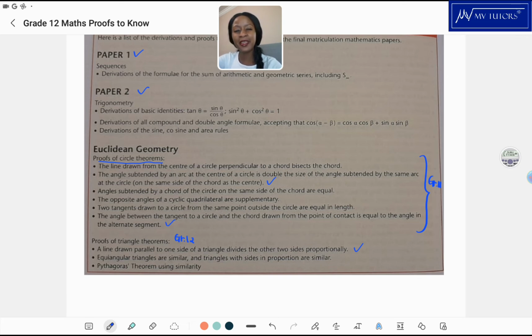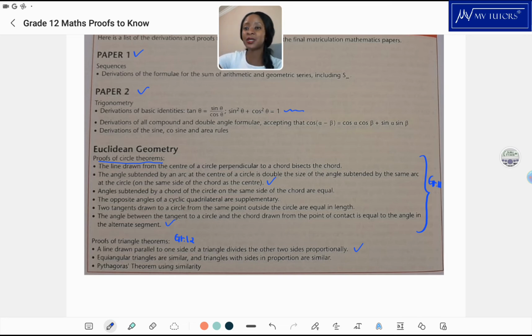Not so much Pythagoras, hey? Even you had to show that equiangular triangles are similar. That's always asked. Okay, so it's similar to these types where you don't necessarily have to prove, but yeah.